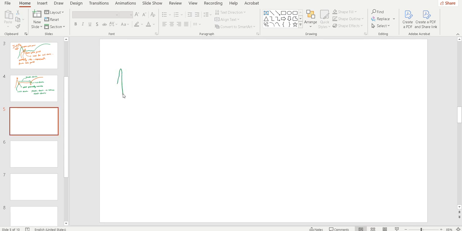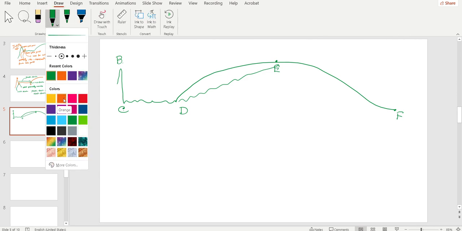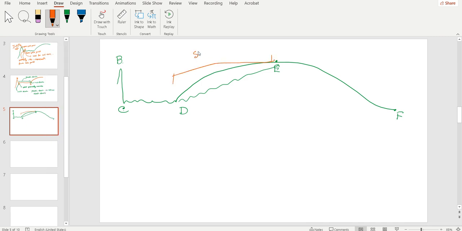Now this is point B, this is point C, this is point D, this is point E, and this is point F. So it is the upper yield point, it is the lower yield point, and this part is called the strain hardening region.